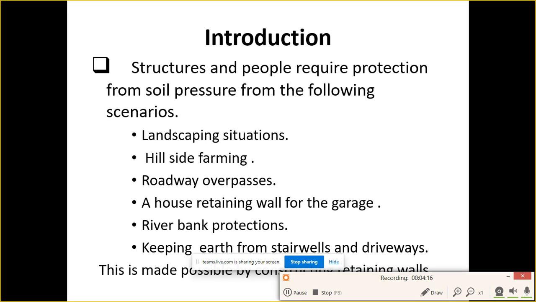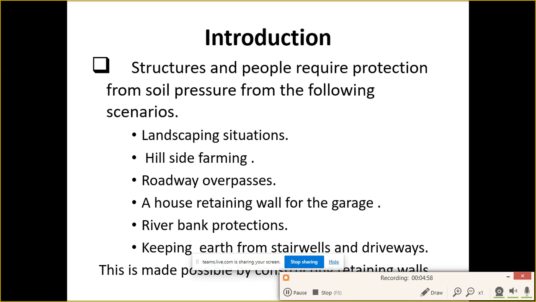In cases like landscaping, hillside farming, roadway overpasses where one road goes over the other, retaining walls for garages, riverbank protection, and keeping earth and stairwells safer, we need a structure that can protect us from the effect of soil pressure or hydrostatic pressure.